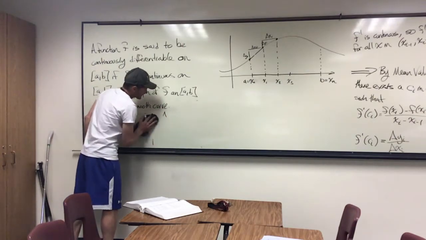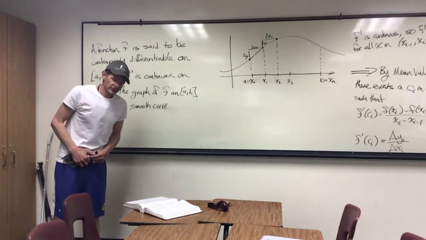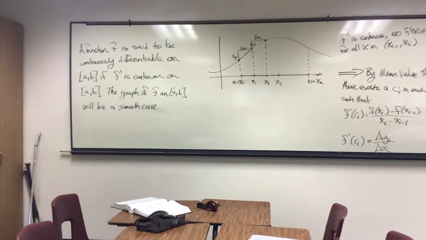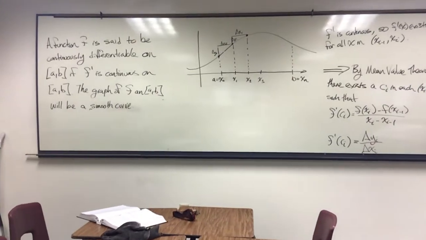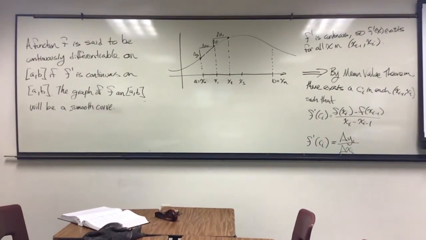So that is a discontinuity in the derivative, so the function is not continuously differentiable. Right? Simple term. Know that for what we are doing, though, we have to have smooth curves. We have to have functions that are continuously differentiable.